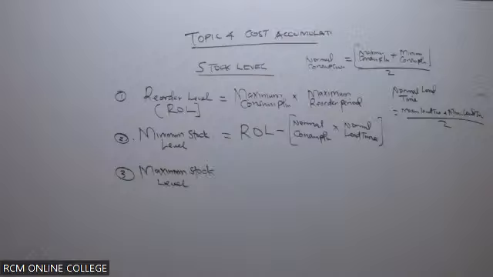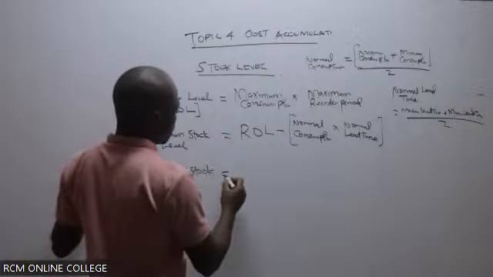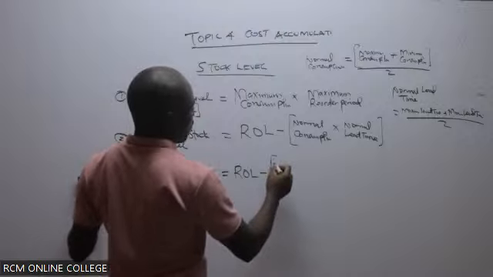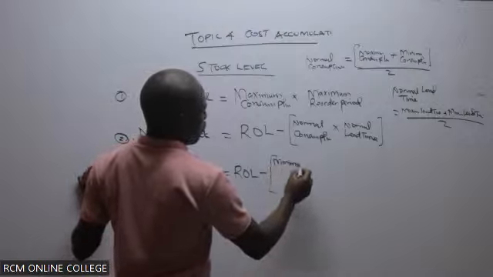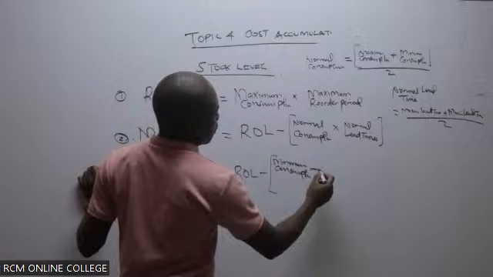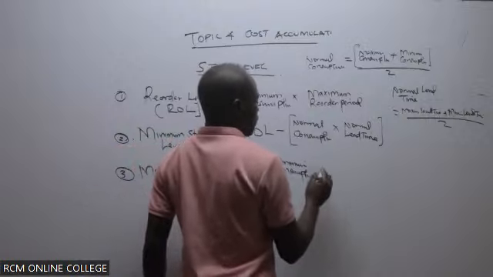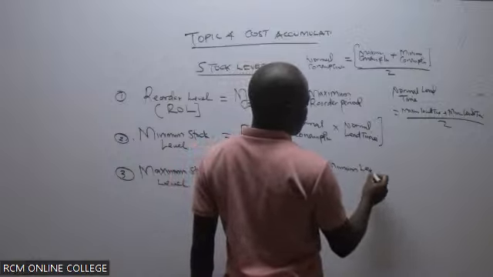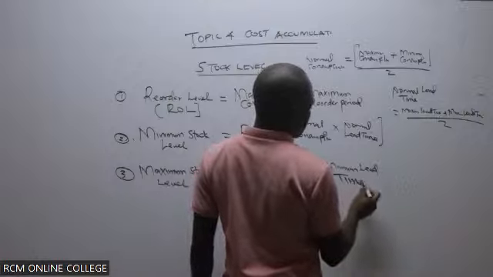Maximum stock level is equal to reorder level minus minimum consumption times minimum lead time.